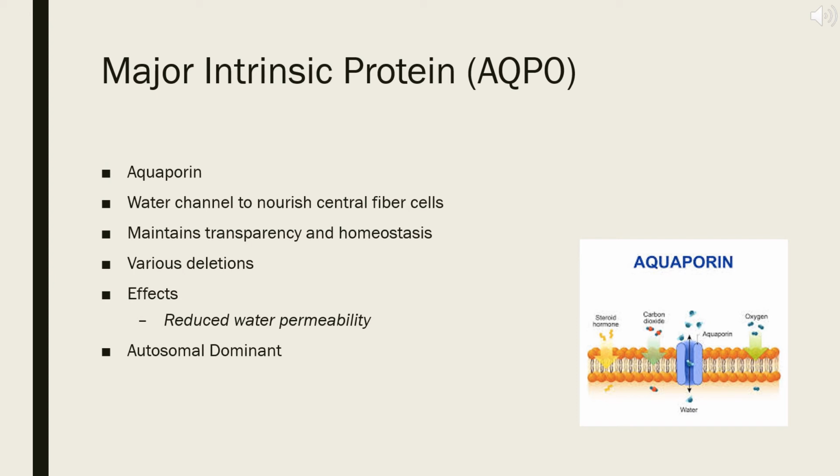Aquaporin is responsible for maintaining transparency and homeostasis in the eye, and this mutation can be categorized by various deletions in the gene. So the effects of an aquaporin mutation are reduced water permeability, which causes the formation of a cataract, and it is inherited autosomal dominantly.